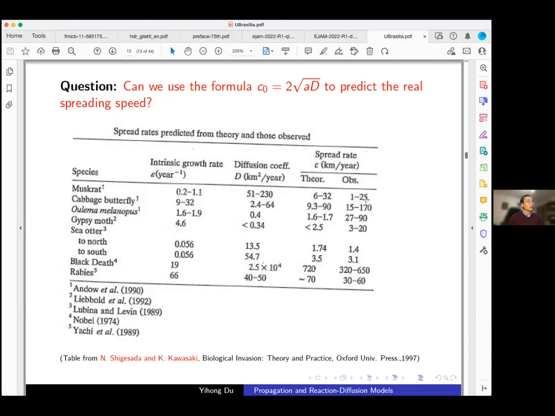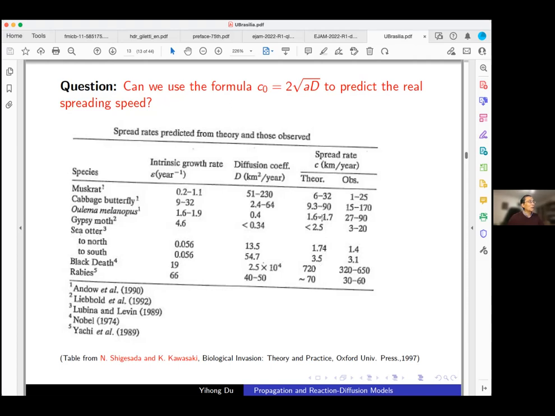You get a range. You can say for the majority of the cases, the theoretical result is very close to the observed result. Well, except these cases. So this is not quite right. The observed spreading speed is much faster than the theoretical one.